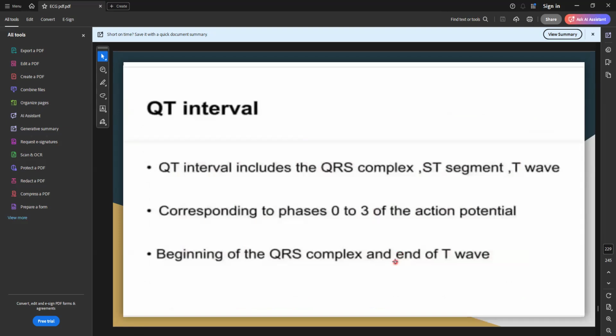Coming to the QT interval. QT interval starts from the beginning of the QRS complex to the end of the T wave. So it represents both ventricular depolarization and ventricular repolarization. So it includes the QRS complex, ST segment and the T wave.